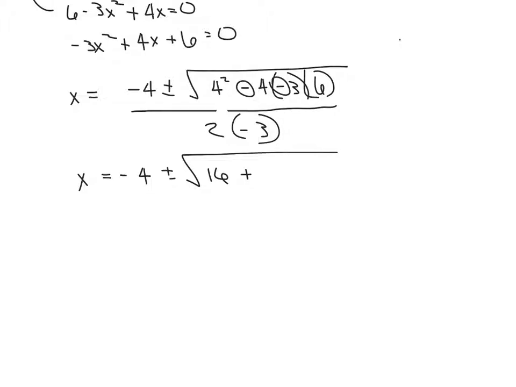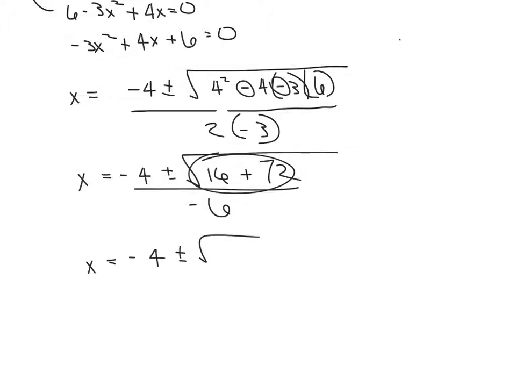And that gives me a 72 all over negative 6. Alright, so let's add those together. And you could have added those together prior to. Alright, so it's 88 over negative 6. Alright, so once we get to that point, we're still working on that.